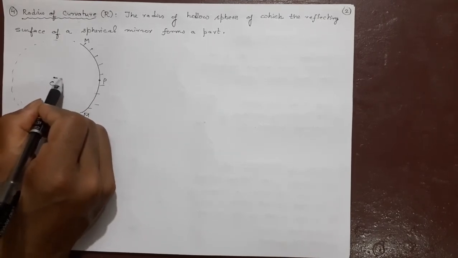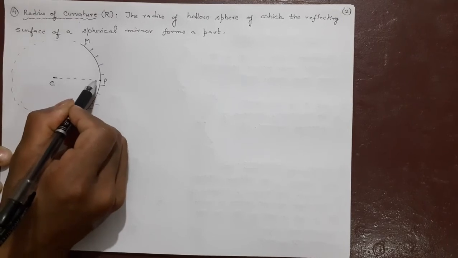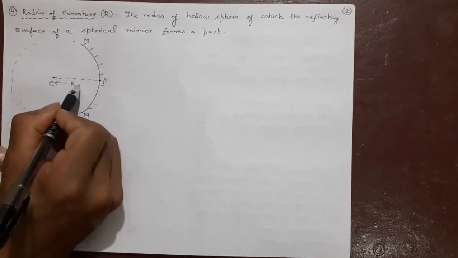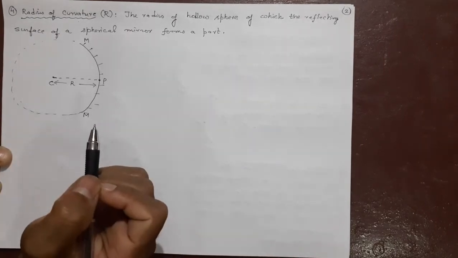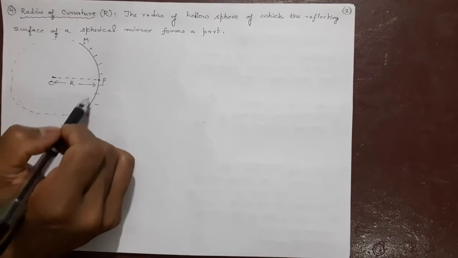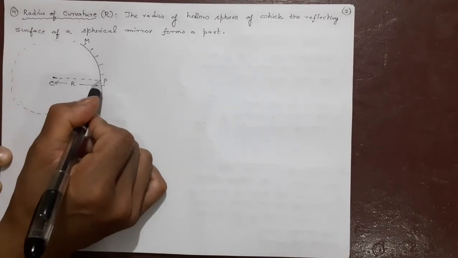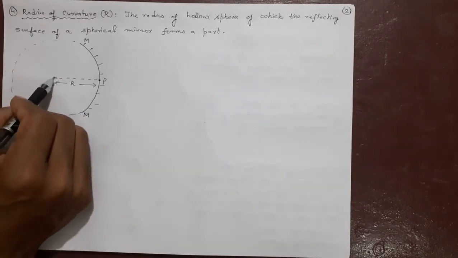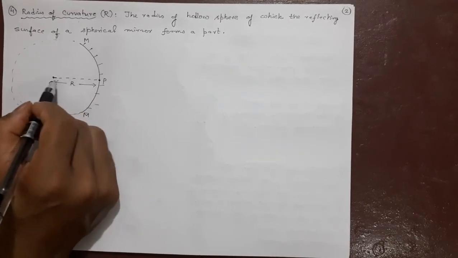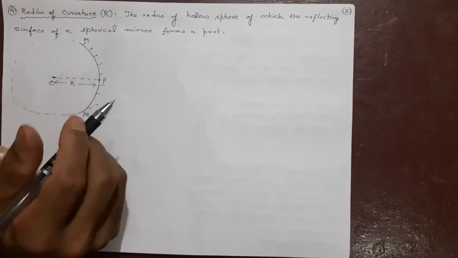That radius will be called radius of curvature, this distance from here to here. Its name is radius of curvature. Those are points. This M is the aperture, P is a point, the pole, C is also a point, and radius is a distance, just like the radius of a sphere, nothing else.